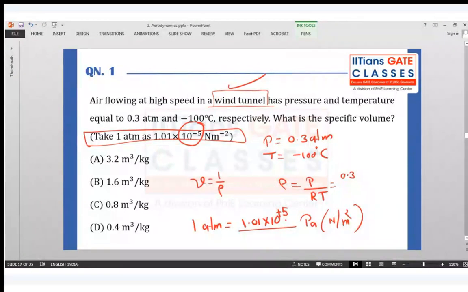It should not be a negative exponent. That's the mistake they're making. And Anil, sorry, it is not 1.01 kPa, it is 101 kPa. If you want to remember in terms of kPa, 1 atm is equal to 101 kPa.